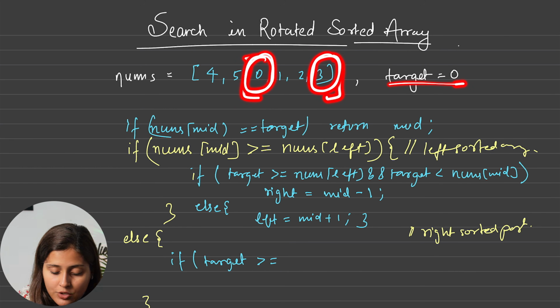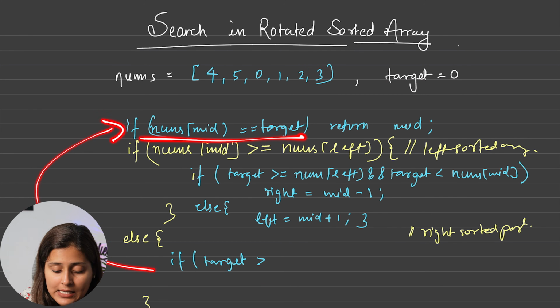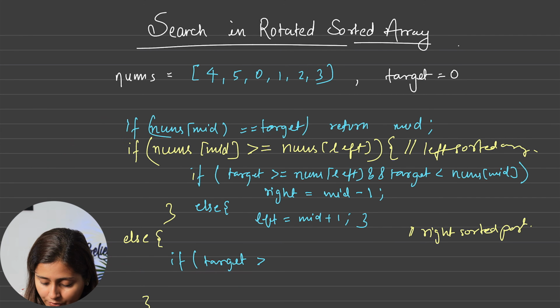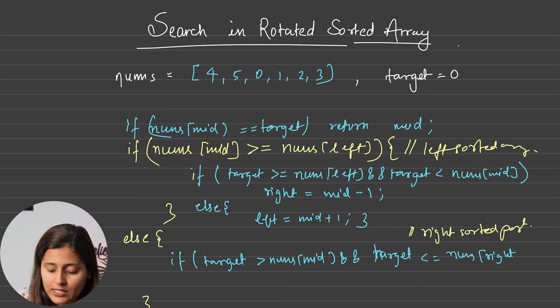This? Yes. So greater than, not equal to. Why? Because equal to we have checked here only. It was not equal to, then only we fall in this case. So target greater than nums of mid and less than or equal to nums of right.